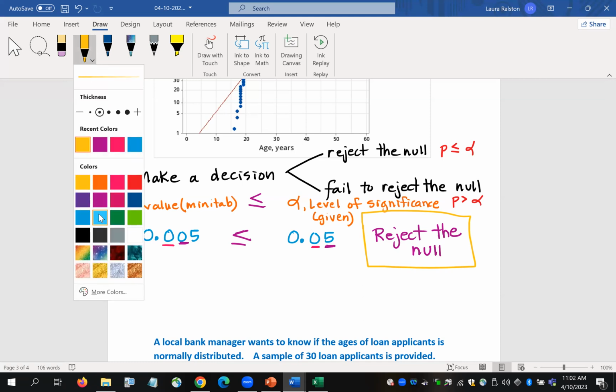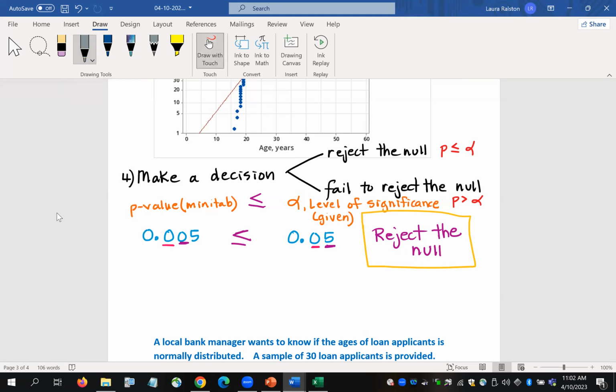If I reject the null, what that means is that my null hypothesis is wrong. If the null hypothesis is wrong, then by default, the alternative hypothesis is true or correct.